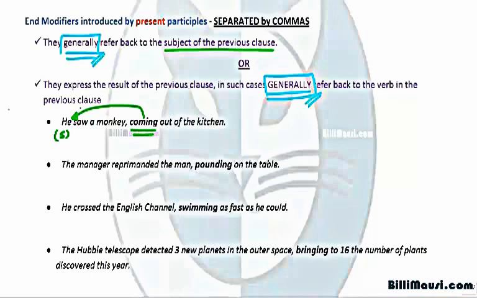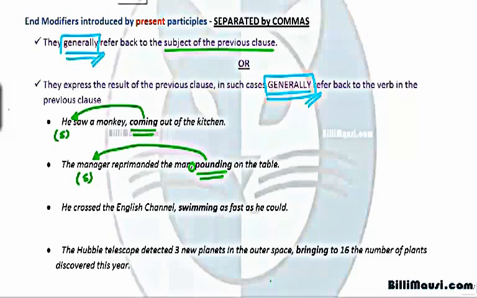The manager reprimanded the man, pounding on the table. The participle is pounding, which is separated by a comma, so it should modify the subject of the previous clause. The subject of the previous clause is manager, so pounding on the table modifies the manager. So who is pounding on the table? The manager is pounding on the table.